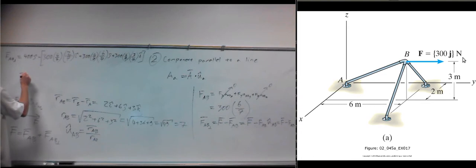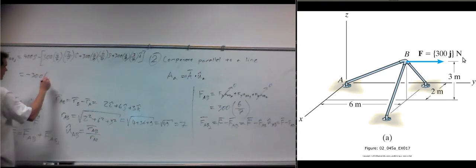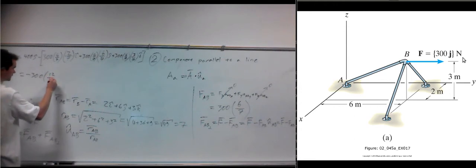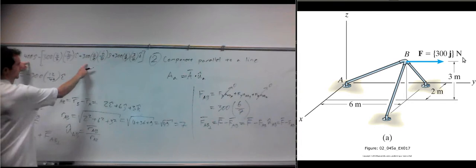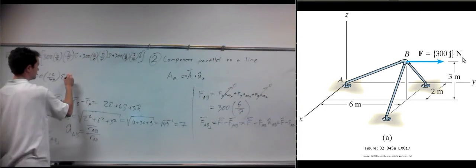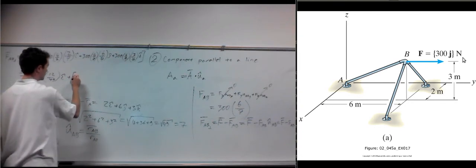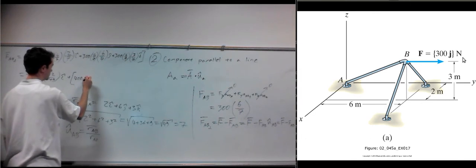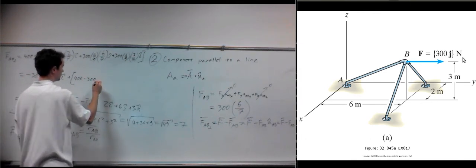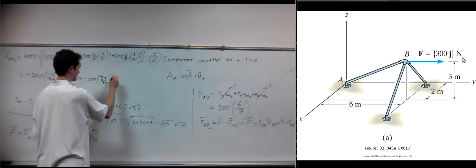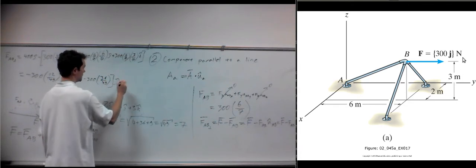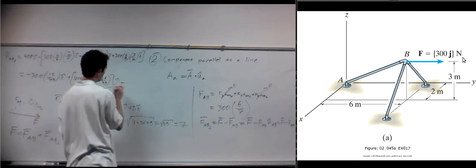So we've got negative 300 times 12/49 I. And then 400 minus this, so plus 100 minus, and again, remembering that minus sign out front.